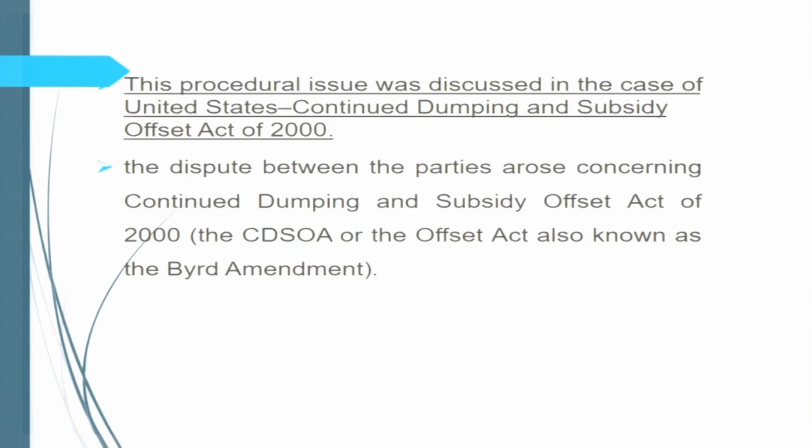This procedural issue was discussed in the case of the United States Continued Dumping and Subsidy Offset Act of 2000. Now, a very crucial thing happened in the United States, because it enacted a law that was termed the Byrd Amendment.